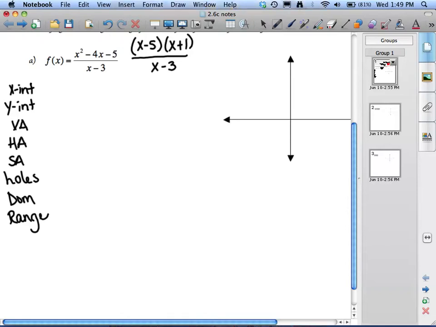Right away I'm going to write none, because nothing divides out. I usually do vertical asymptotes next. A vertical asymptote is where the denominator would be 0. There's only one vertical asymptote to this problem, and that is x equals 3.